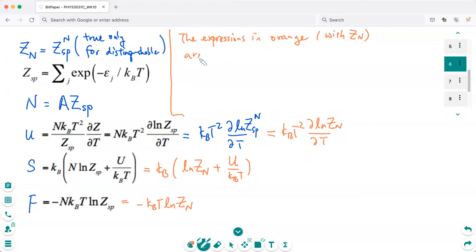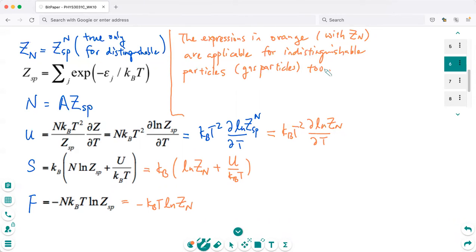They are applicable for indistinguishable particles. So this is what I call the gas particle. They are also applicable.